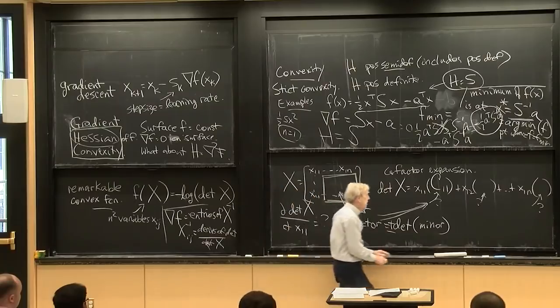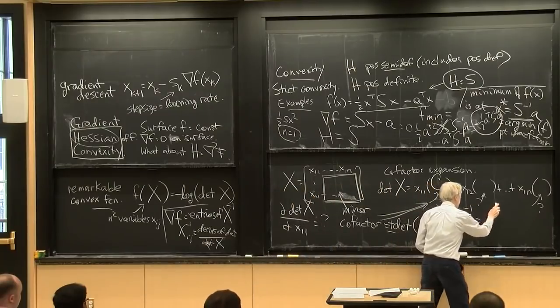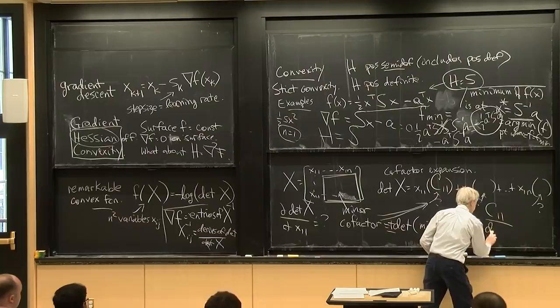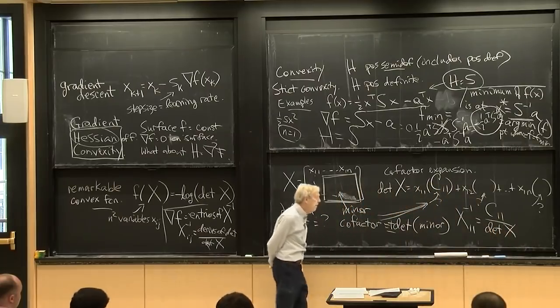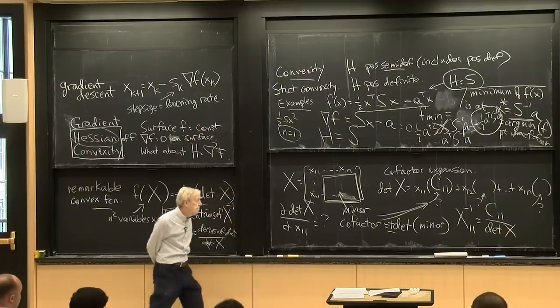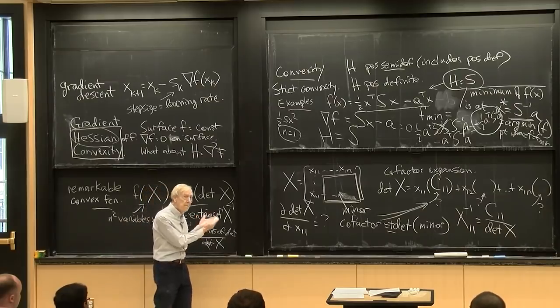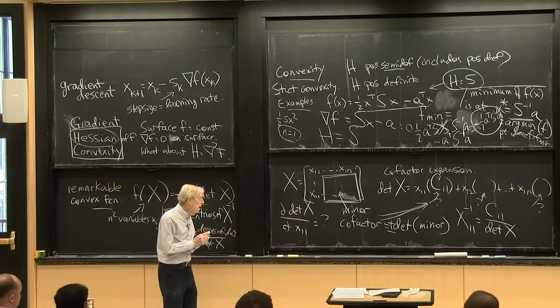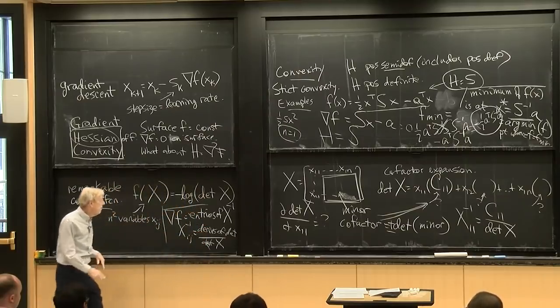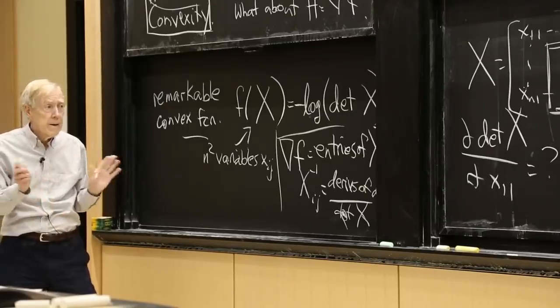So the entry of x inverse is that cofactor over the determinant. So that's where this all comes from. Anyway, I'm just mentioning that as a very interesting example of a convex function. Okay, I'll leave that. That's just for education.